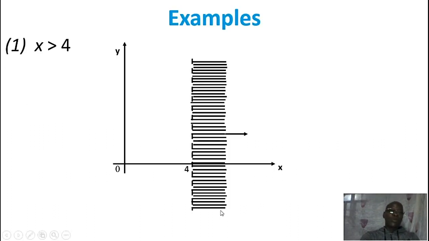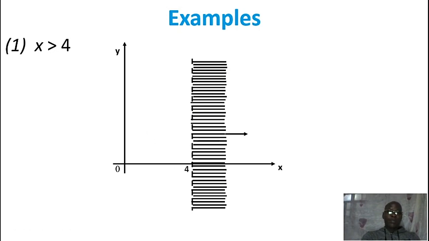For example, if you are given the inequality x is greater than 4, I know you can easily represent it on a number line, but this is the Cartesian graph of the inequality. You must put the y-axis and the x-axis in order to represent the plane.